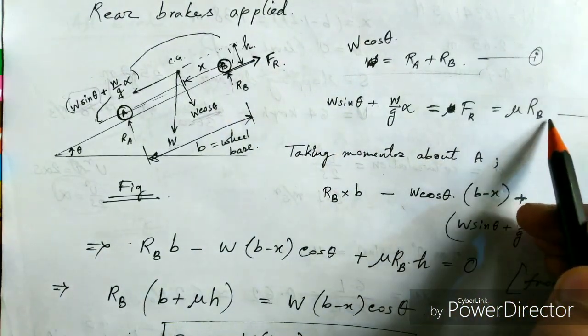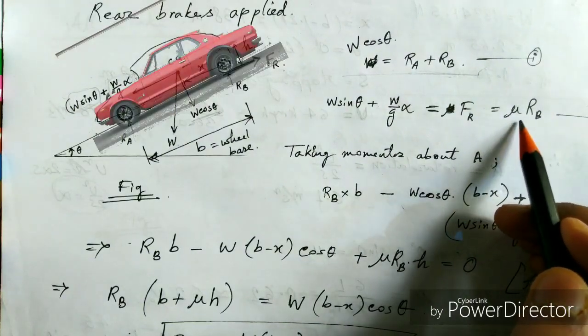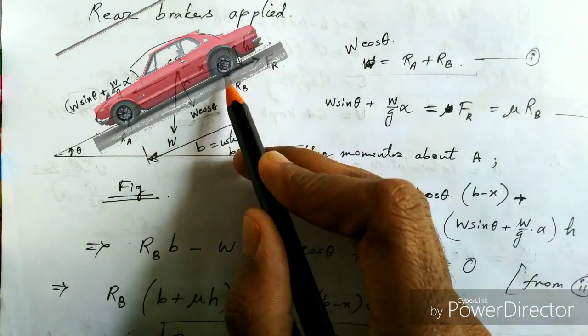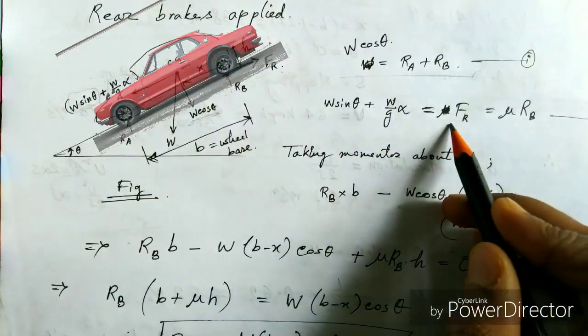Fr is nothing but mu times Rb, where mu is the coefficient of friction between the road and the rear wheel tires. So Fr is equal to this.